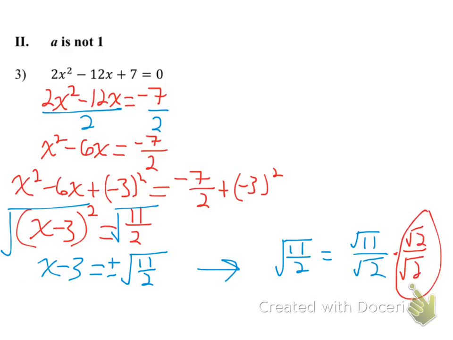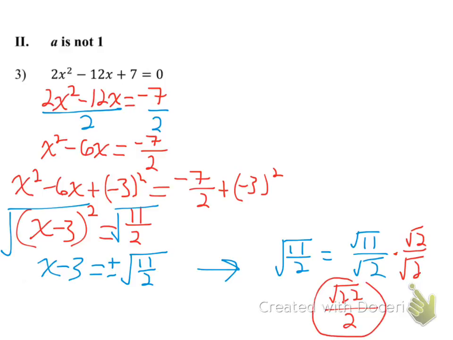Remember, anything over itself is 1, so we're just multiplying this fraction by 1, which is allowed because 1 times anything is just itself. We're just making it look different. So now we can multiply straight across. Square root of 11 times square root 2 is square root 22 over square root 2 times square root 2. The square roots cancel out and you're just left with 2.